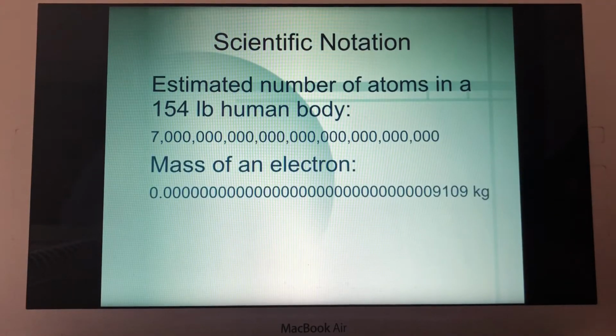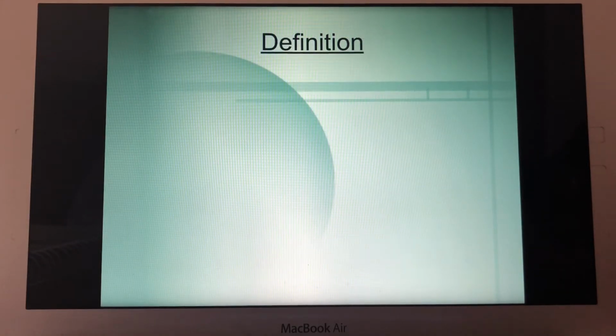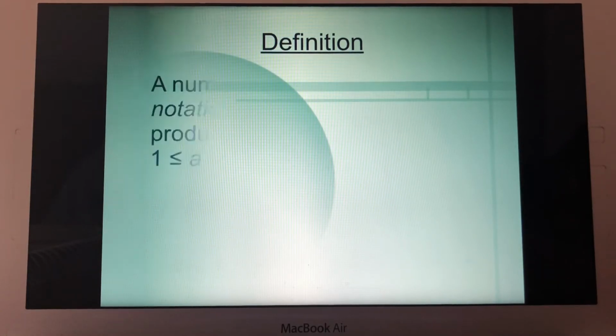The mass of an electron is all those zeros and then 9109 kg, kilograms. Well, how do we read these giant numbers? It would save so much space if we use scientific notation.